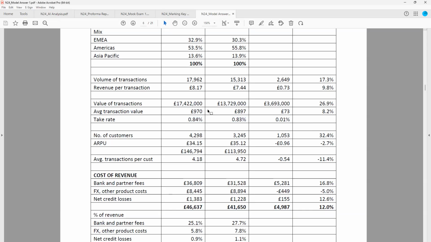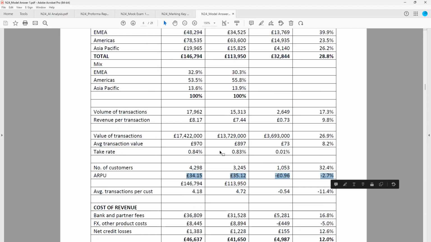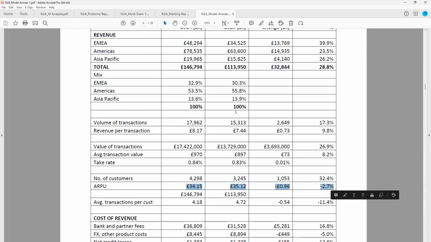And these factors, like the price increase, like the average transaction value, would also be causing an increase in average revenue per user. But that's actually gone down. But once again, as we've seen in the AI, the number of customers is going up faster than revenue. So actually, to generate that revenue, they're needing even more customers.